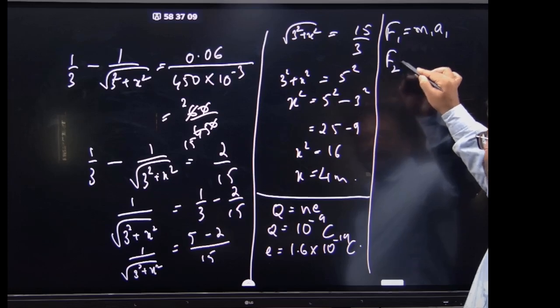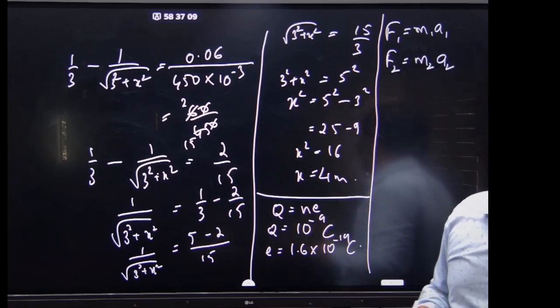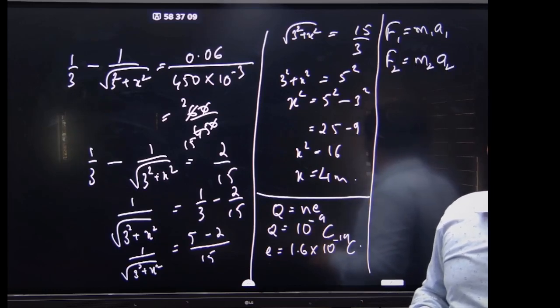What about F2? That is equal to M2 A2. But according to the question, the charges present on both the bodies are the same.